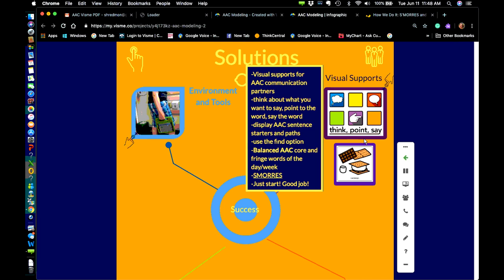And when I utilized this strategy with individuals, with paras and teachers and admin in my schools, the support was overwhelming, and they're like, oh, well, why didn't you say that? I thought I had been, but when I brought it down to three really distinct points, think, point, say, and I put that up all over the school, it was a quick visual reminder of what they needed to do.